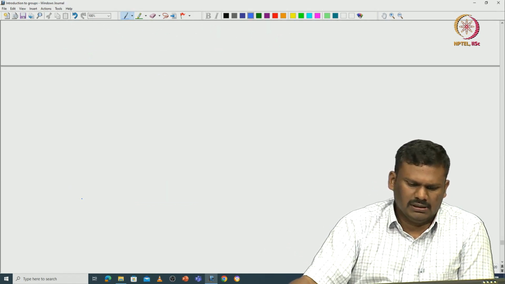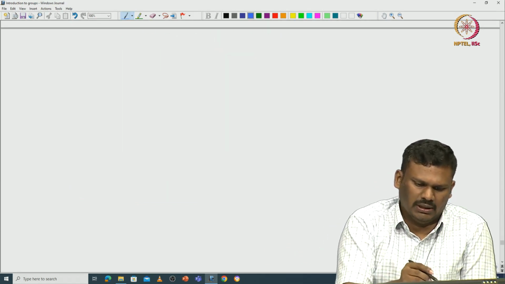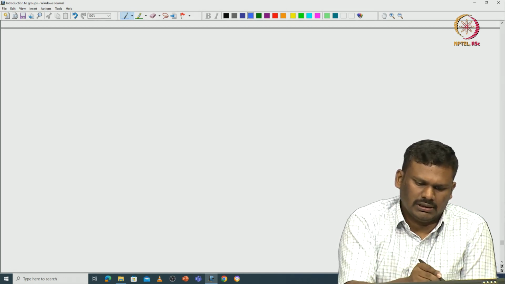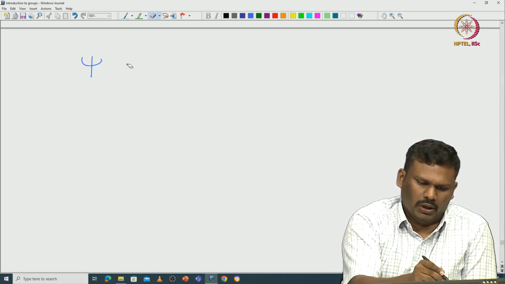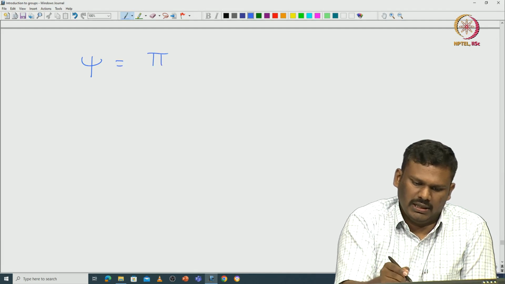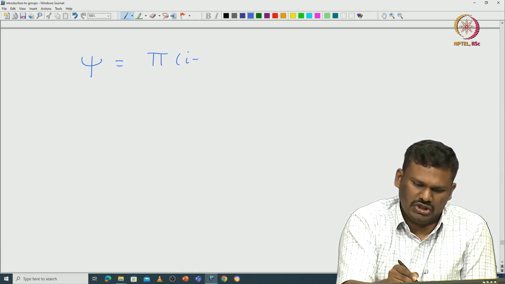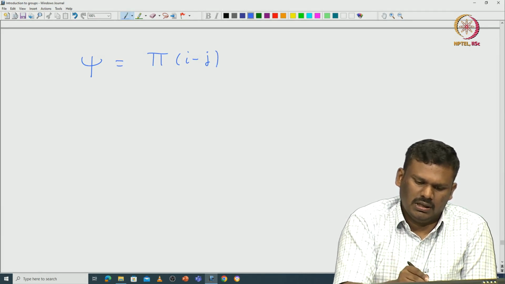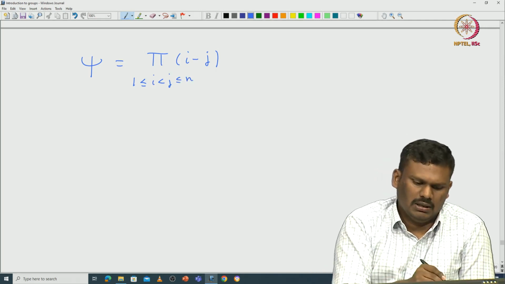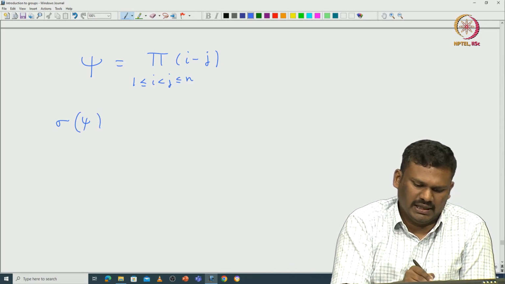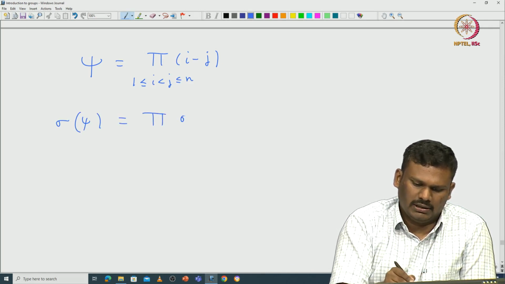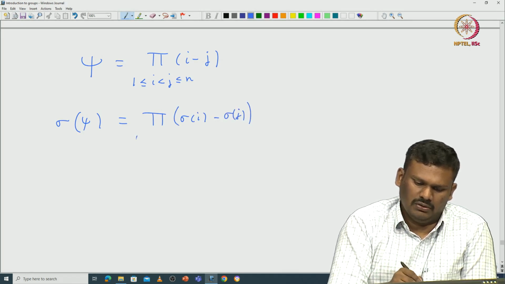For example, some of the books use this particular thing, let us call it xi, which is just a product of integers, take i minus j, where 1 ≤ i < j ≤ n. Then you can apply sigma on xi by just taking the product of sigma(i) minus sigma(j), where you vary over again i < j ≤ n.